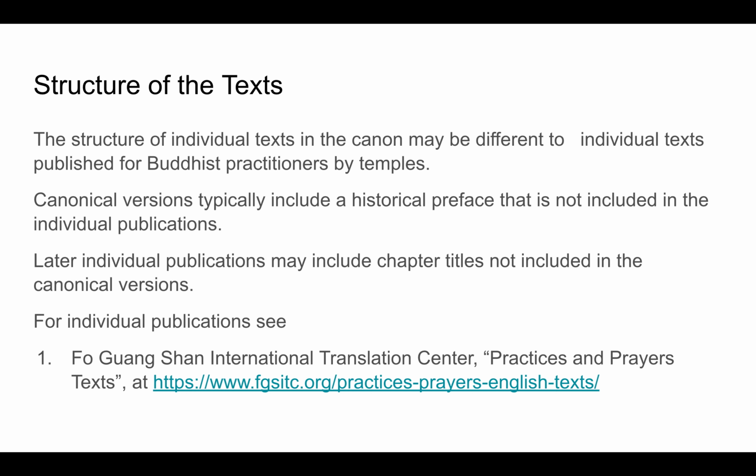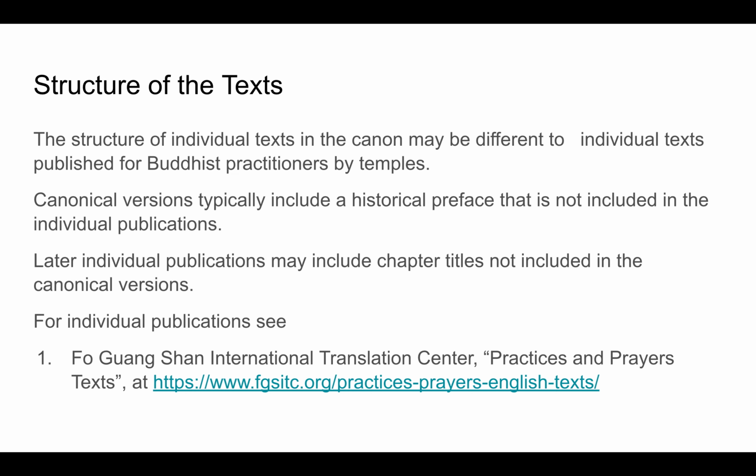Most of the canons were imperially sponsored publications and permitted. People usually couldn't just publish their own versions. So there was collaboration with imperial sponsors. The other thing about the later individual publications is that they may include chapter titles that are not included in the canonical versions.